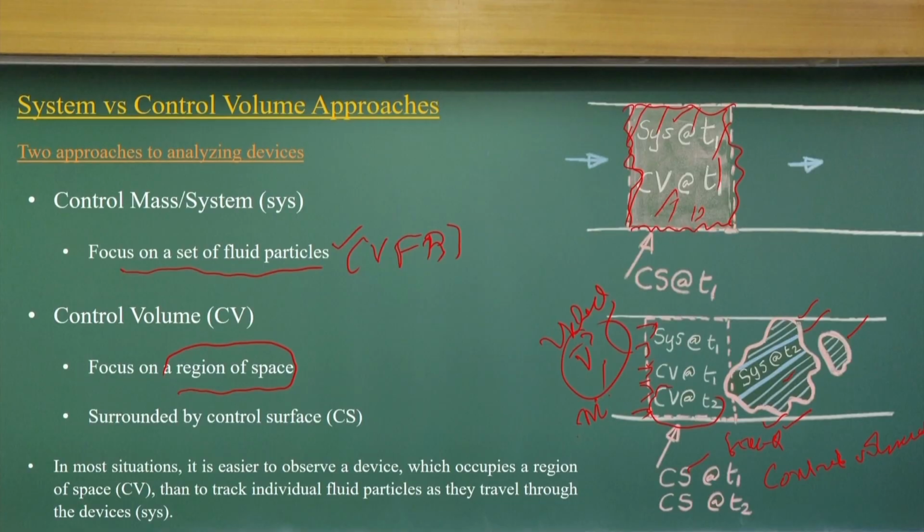So try to understand it as a flow system. When you use the control volume, we try to find out, not to track individual fluid particles, but what could be the change in pressure distribution and velocity distribution, and also the mass flux, momentum flux and energy flux, because of the movement of these fluid particles. That is the concept we should build, and we should know how to define the control surface.